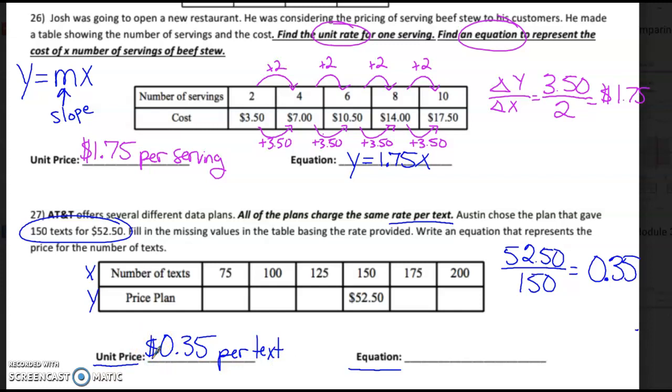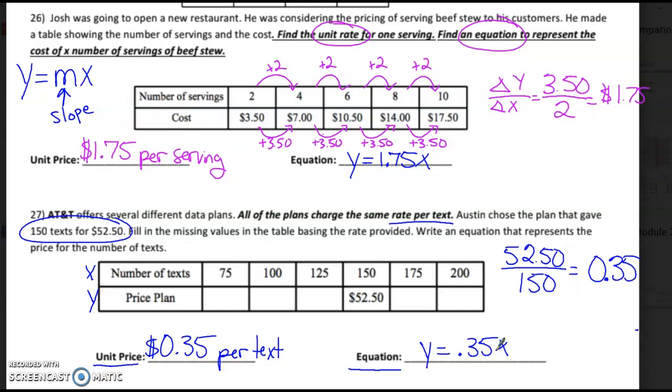Now our equation, just like we did before, is going to be in that y equals mx form. So we have y equals 0.35x. Now we're going to take that equation and use it to fill in our table.